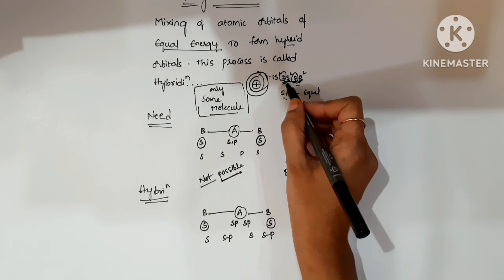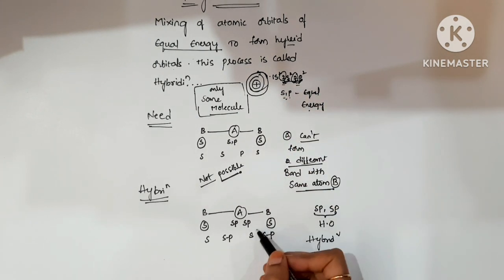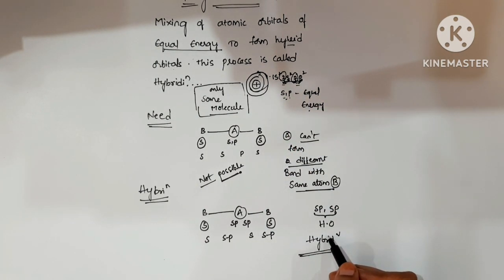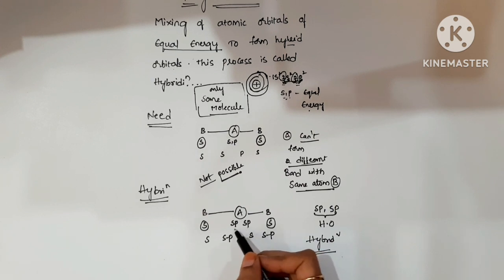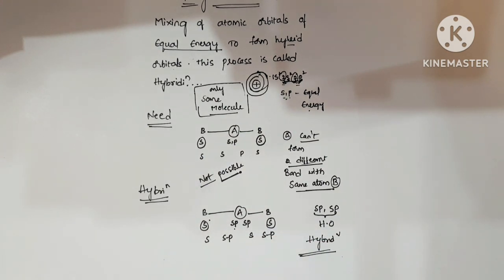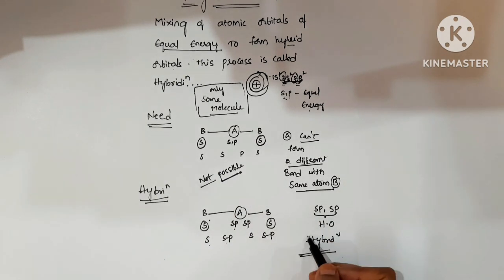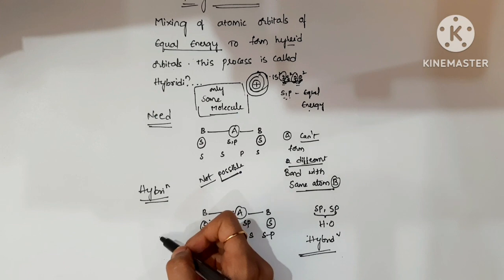That's why the orbitals present in the same energy level participate to form hybrid orbitals, and these hybrid orbitals overlap with the orbitals of the surrounding atoms. Here s and sp overlapping, here also s and sp overlapping happens. This is the way the atoms are bonded to each other. That's why hybridization is needed.